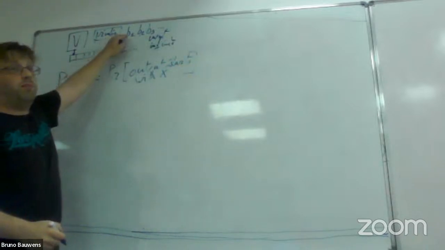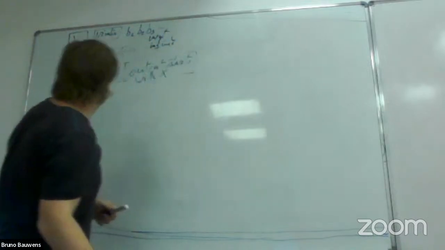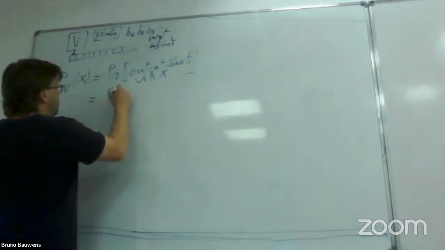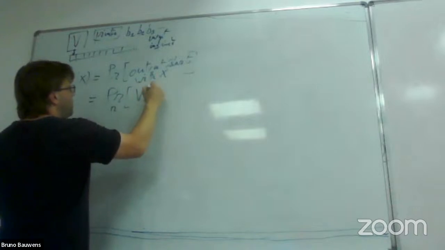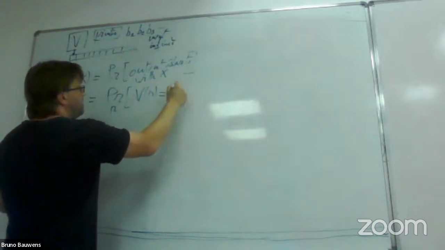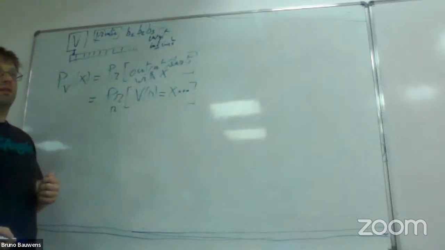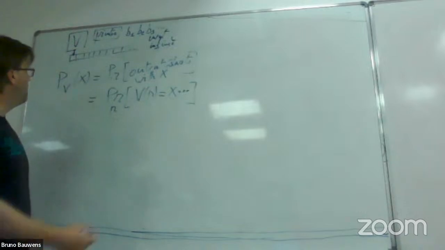So the printed bits are x plus something. Let me write it a little differently and make the program p explicit: the probability that U on input p is equal to x followed by something. So this is the idea.